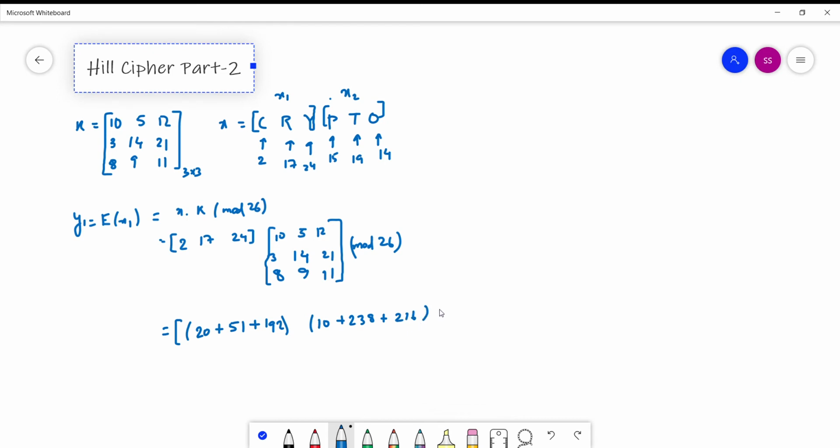This is my second term, and the third term is 2 into 12 is 24, plus 21 into 17 is 357, plus 11 into 24 is 264. Now you have to take mod 26 of this.